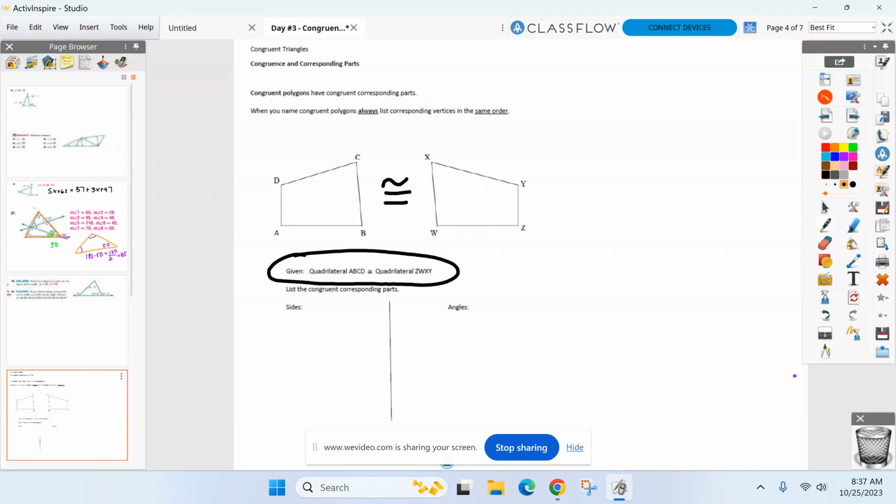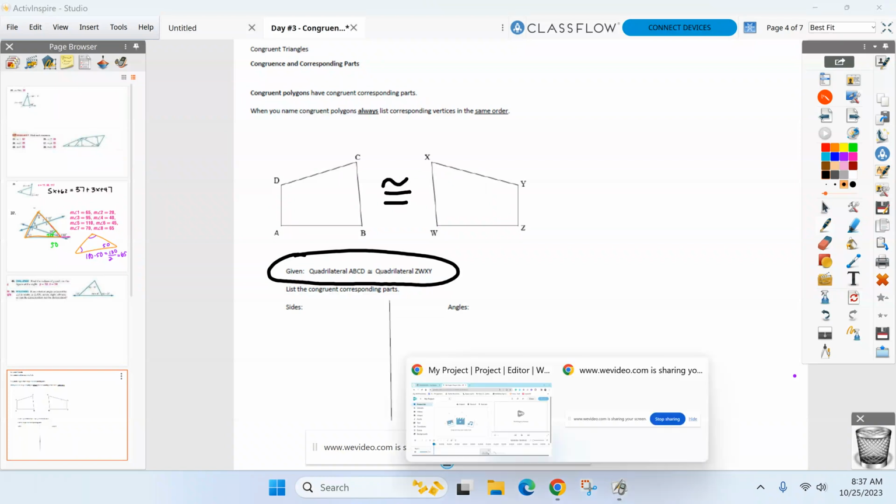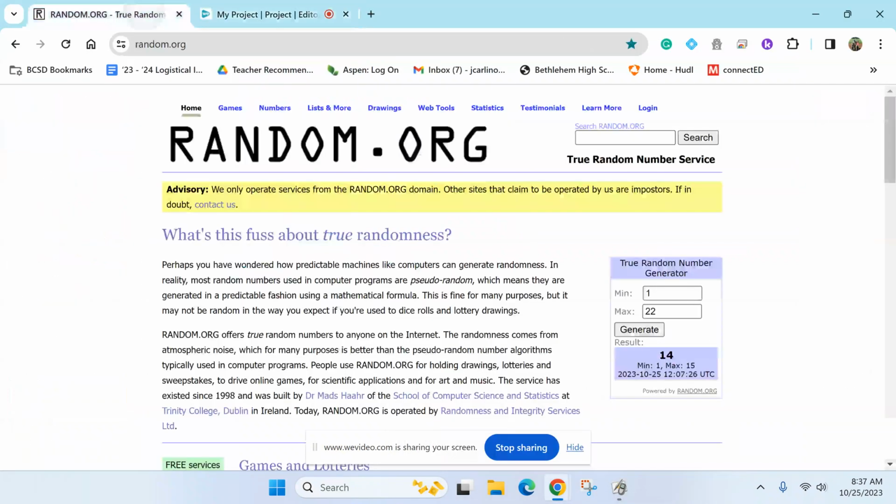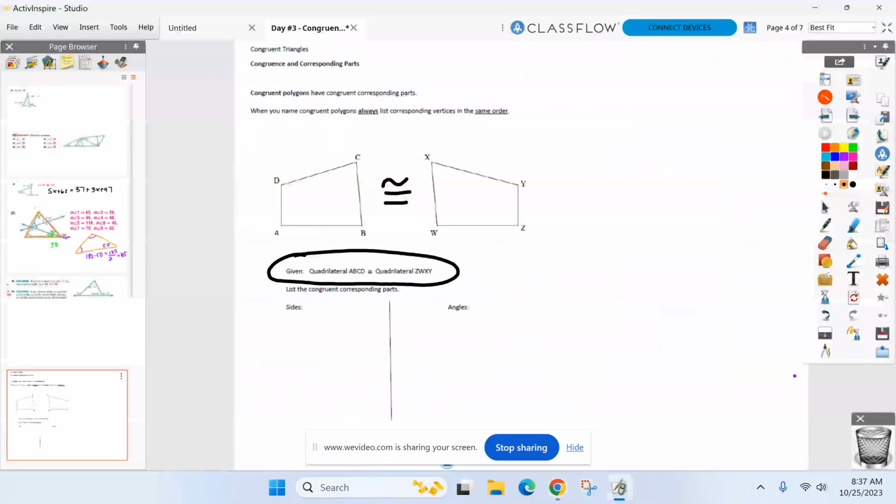This is on your own. Stop looking for help from everybody else. Here we go. Brendan, give me two sides that would match up. XW and CB, love it.